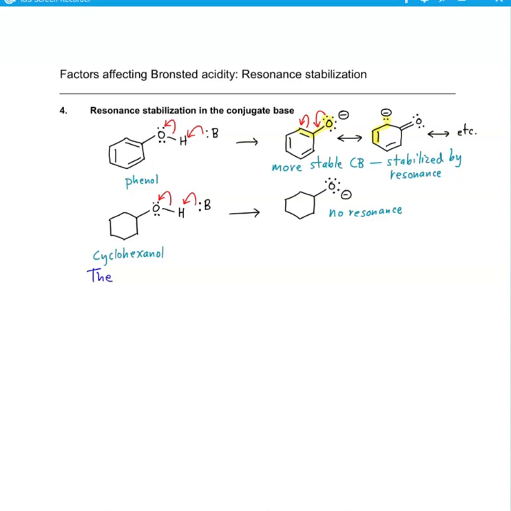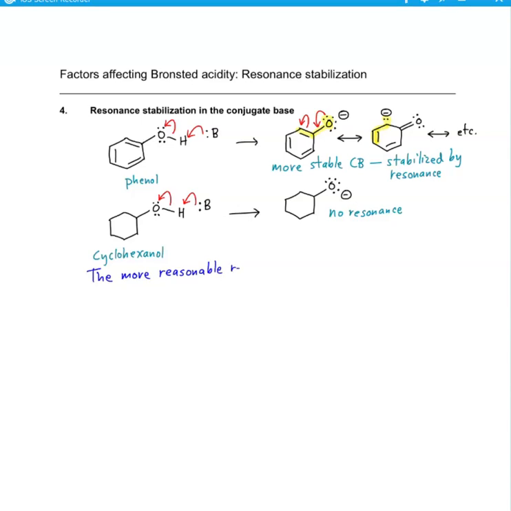So what we would be thinking in a case like this is that the more reasonable resonance contributors a base has, the more stable it is. Thus, the weaker it is and the stronger its conjugate acid will be. Let's write all of that out.